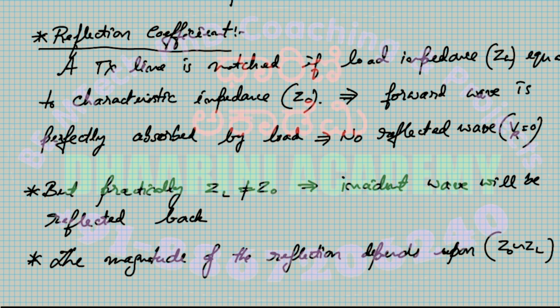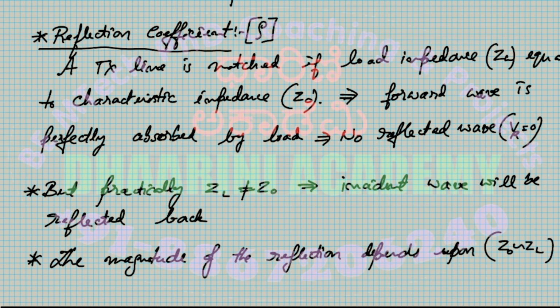Now, the amount of reflection caused by the load is expressed in terms of a reflection coefficient. We denote that as rho. So this is the notation. It's a rho. That's the reflection coefficient. So let's try to define that.